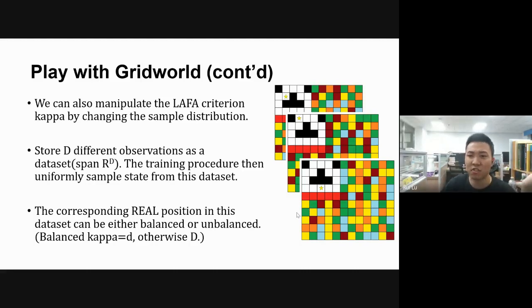But in an unbalanced version, most of these capital D observations all correspond to the same position in the real world, while for the other positions, maybe they just have one observation. So this means, if you think about kappa, when you uniformly sample from the standard basis, it is hard for your evaluating process to get a sample from some other states. And so we can manipulate the kappa from small d to capital D.